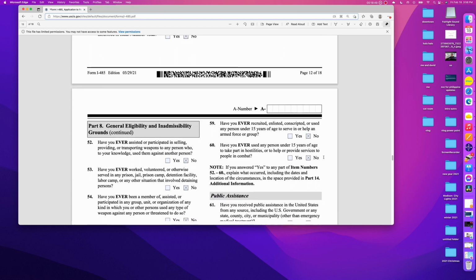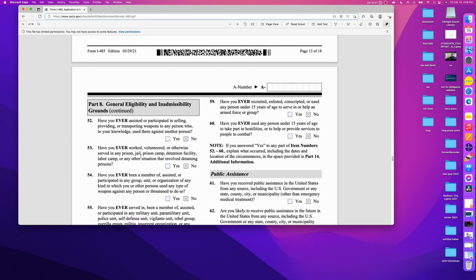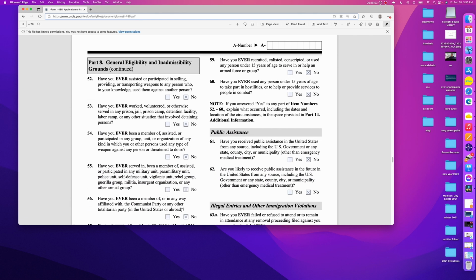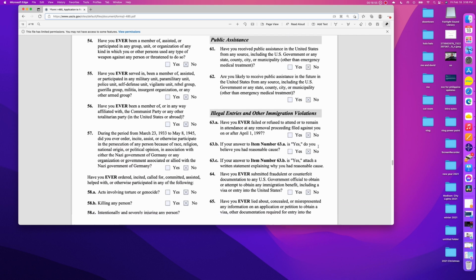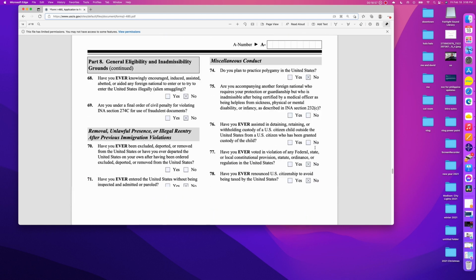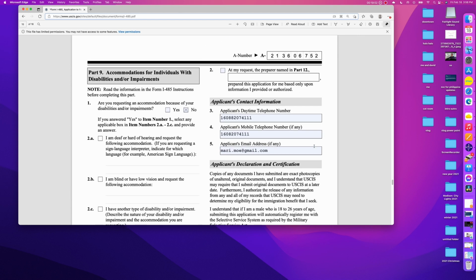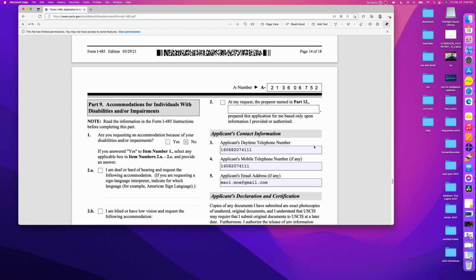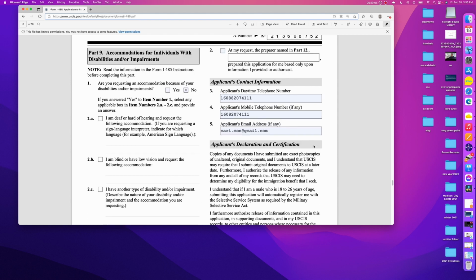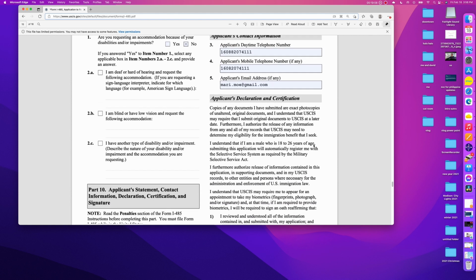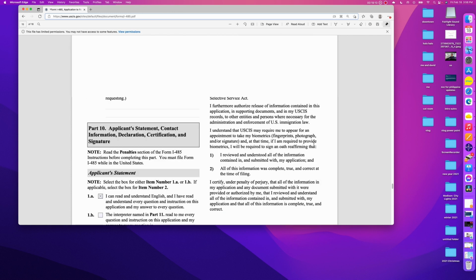Next. General eligibility and inadmissibility. Have you ever been a party to selling...? No, no, no. Like that. So this is all about national security until page 15. So guys, page 15 is personal information.